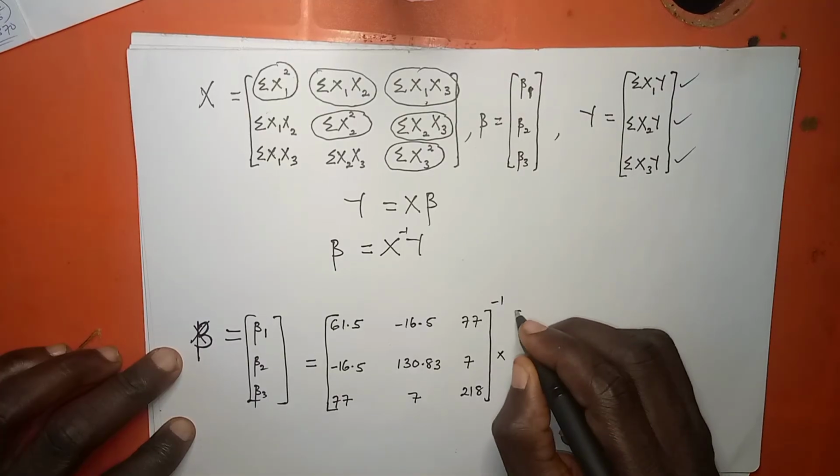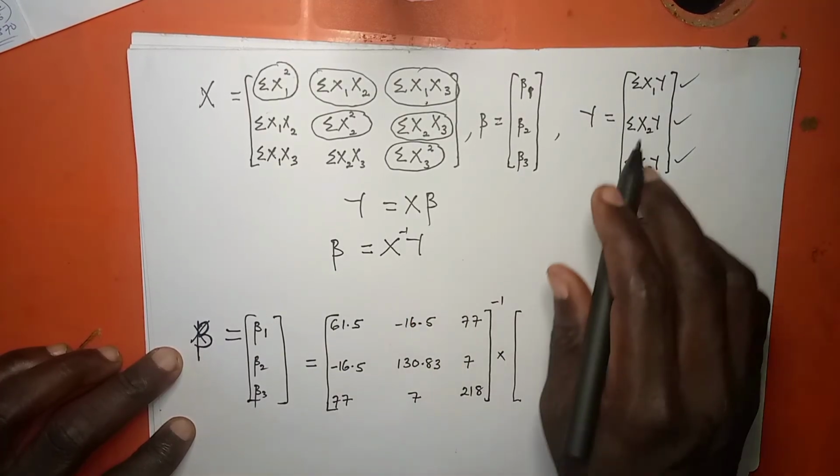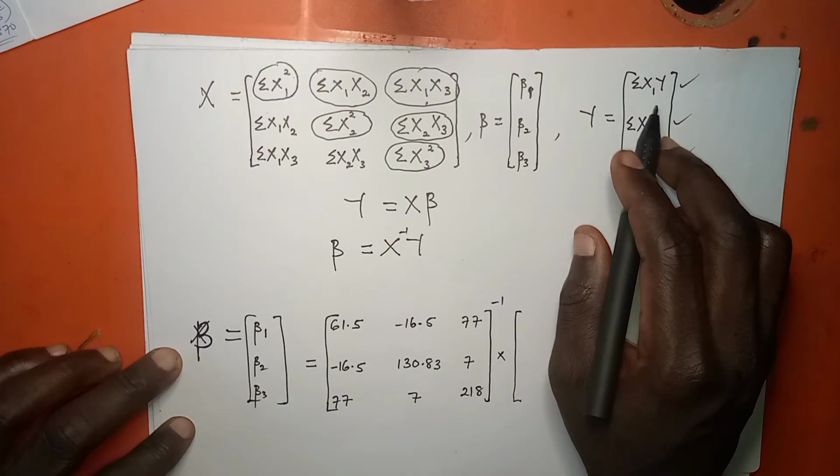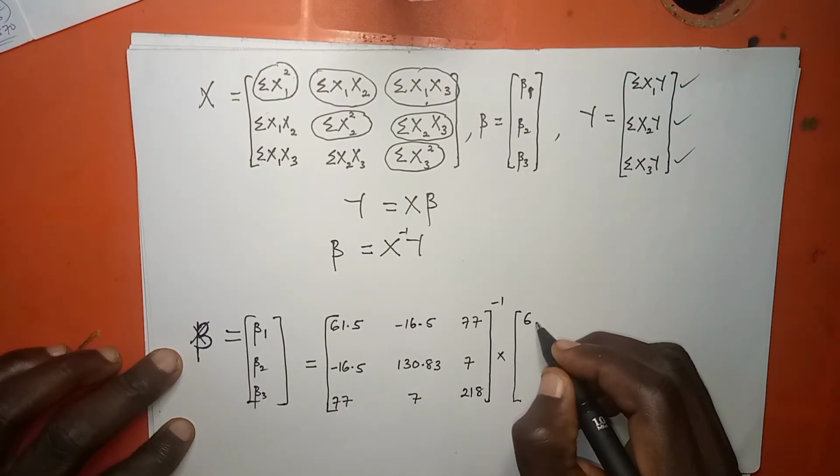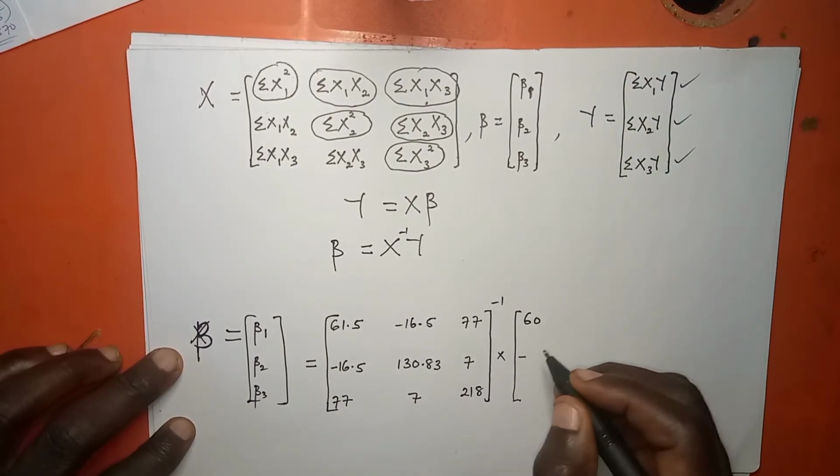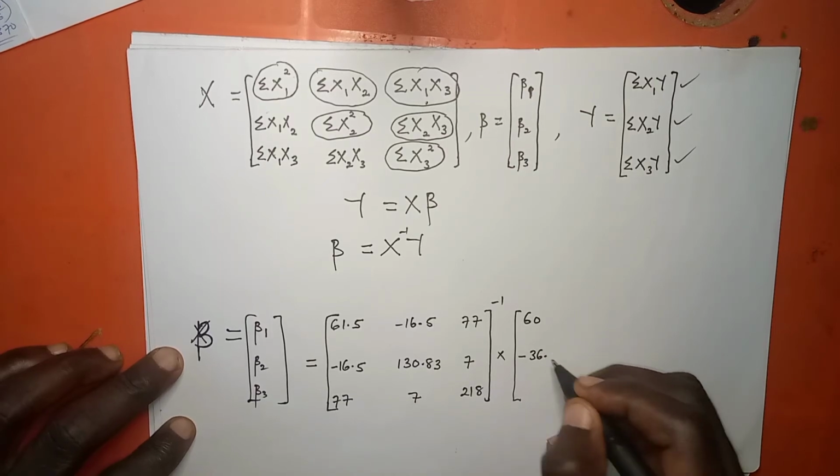Then multiply by our value of y here, summation x1y gives us 60, minus 36.67, 81.